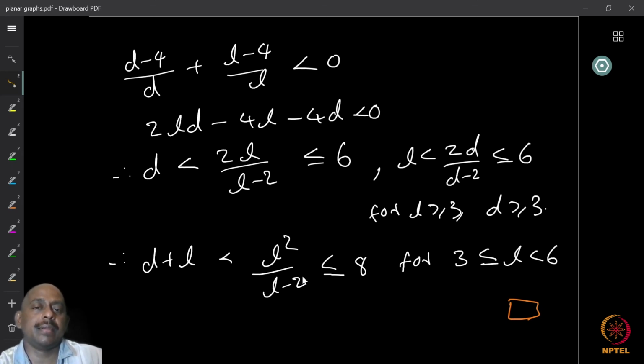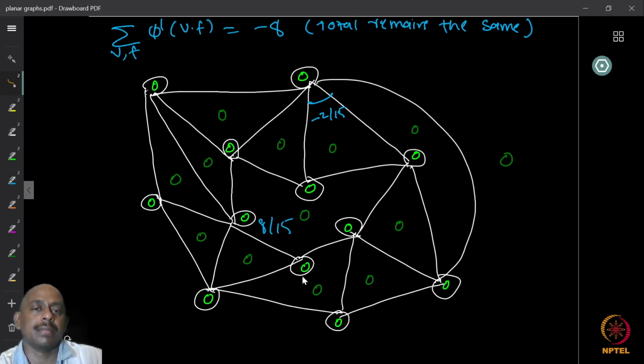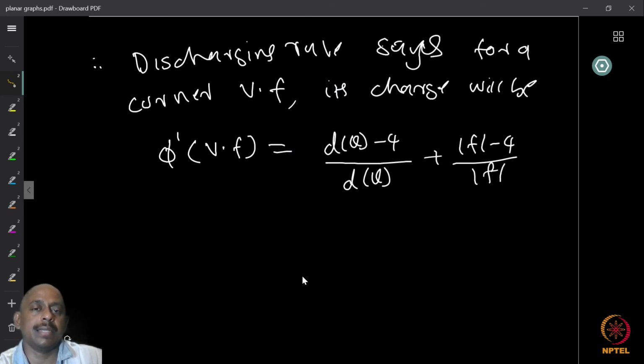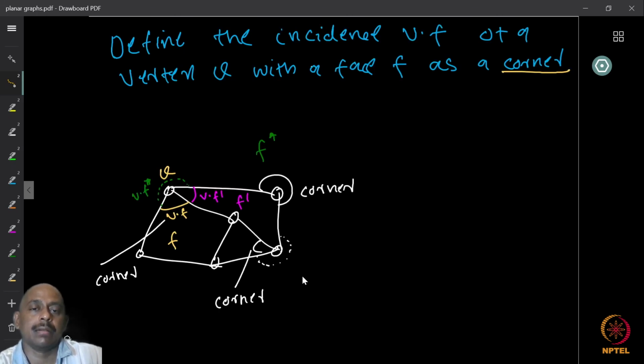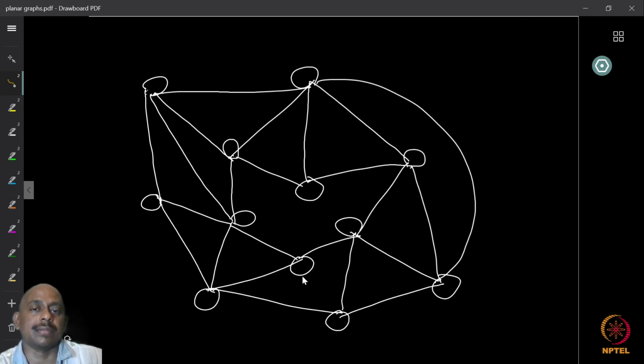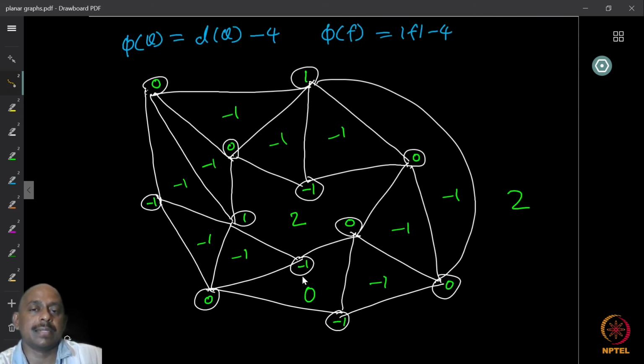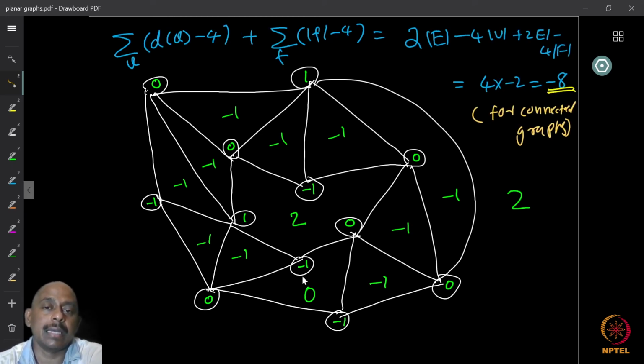So what we did in this was the following. We started by giving charges to the graph, vertices and faces. Then we use the Euler identity to show that the total charge is a negative number, basically, we can show that it is less than 0.